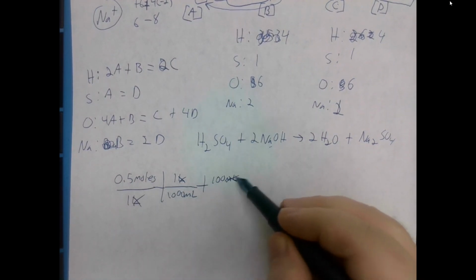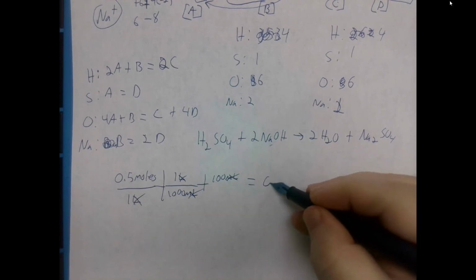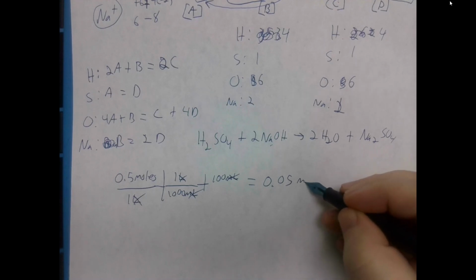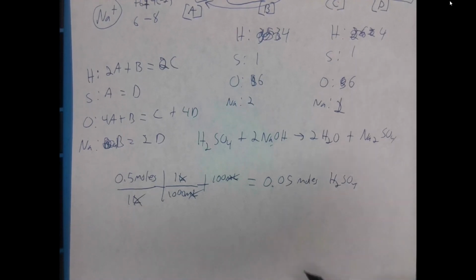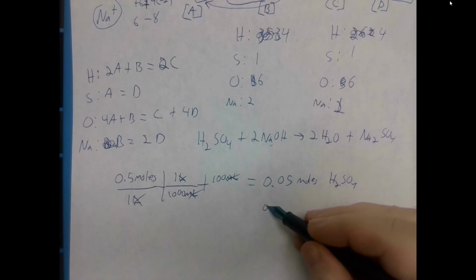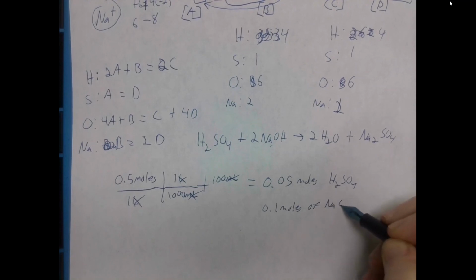Milliliters divided by milliliters cancel out, giving us just moles. So we have 0.05 moles of H2SO4. And we know we need 0.1 moles of NaOH.